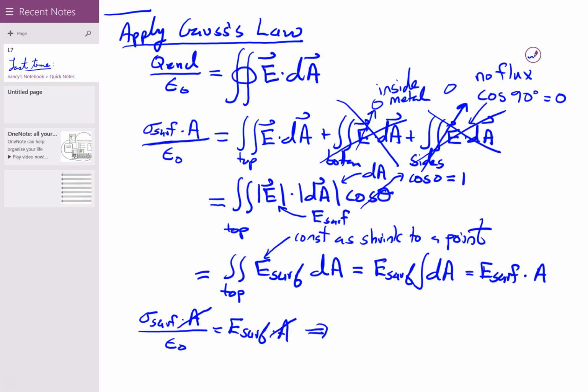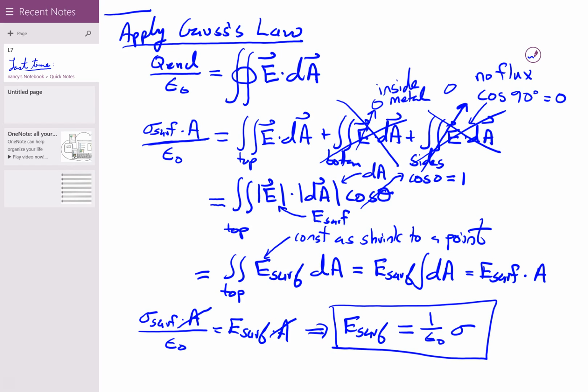And our final conclusion is that if you want to know the electric field at the surface, it is indeed proportional to the surface charge density. That's what we had expected just based on our field line arguments, but now we know the correct constant of proportionality. It's 1 over epsilon naught. So E is equal to 1 over epsilon naught times sigma. We can put a box around that. That's a very nice, happy final result.